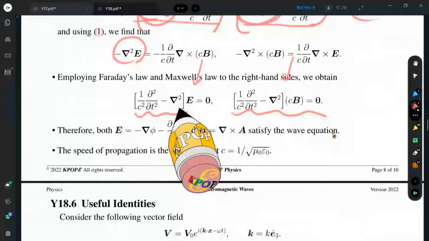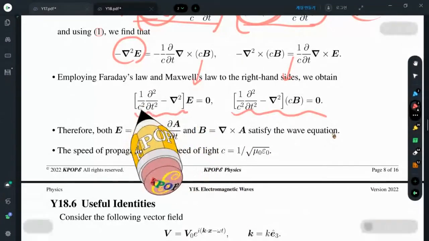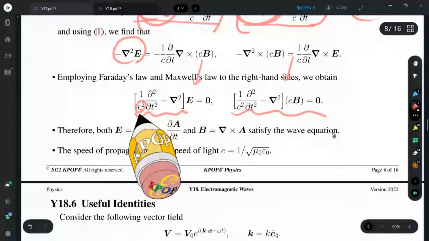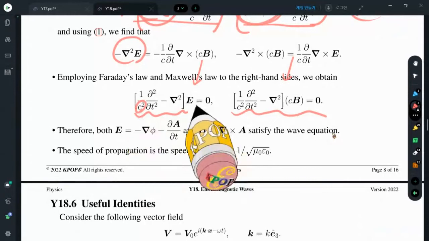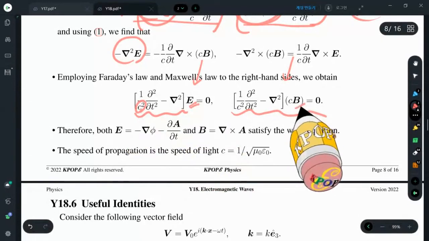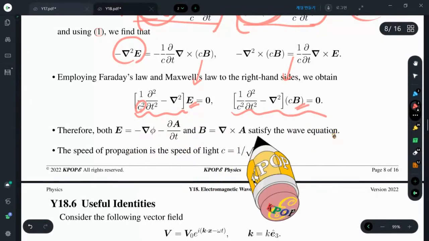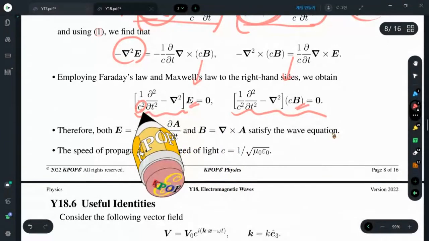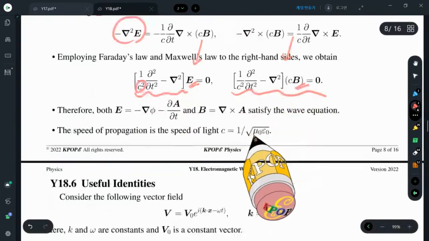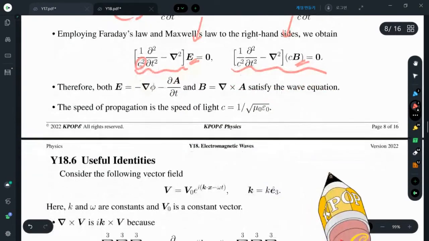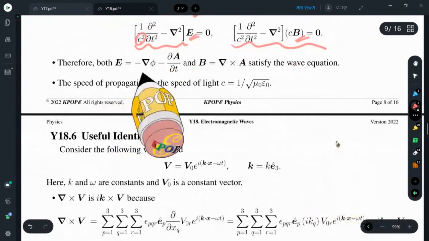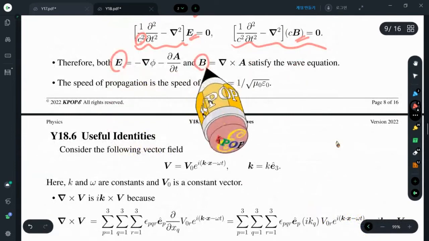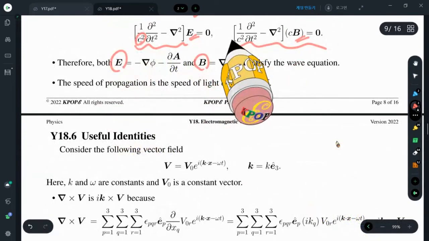This is the wave equation. And from here, you have found that the electromagnetic field, both the electric field and magnetic field, travels with the speed of light. Remarkable finding by Maxwell. So electric field, magnetic field, they are traveling with the speed of light.